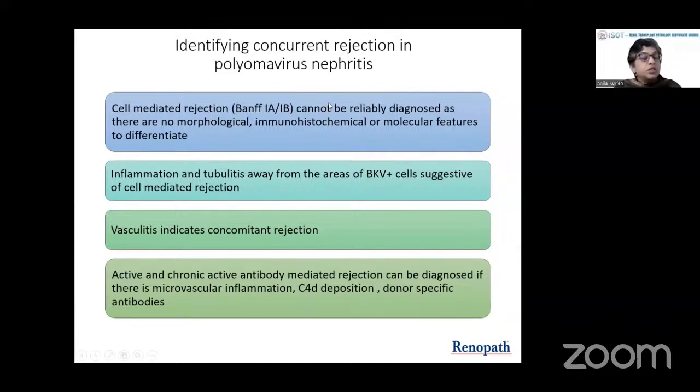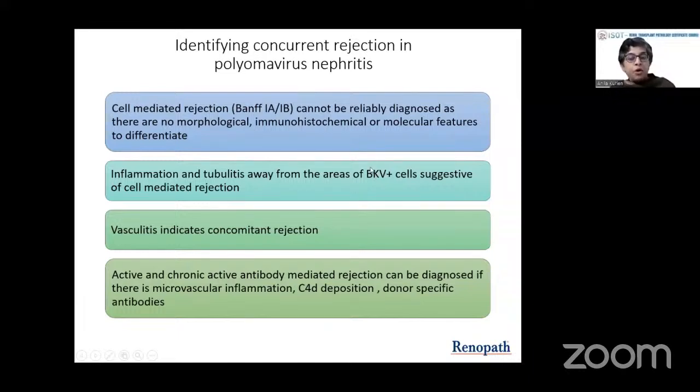Now, the answer is there are no reliable diagnostic, morphological, immunohistochemical or molecular features to differentiate a tubulitis because of a cell-mediated rejection versus that due to a viral or BK virus. There are certain clues that can give you a very calculated guess.